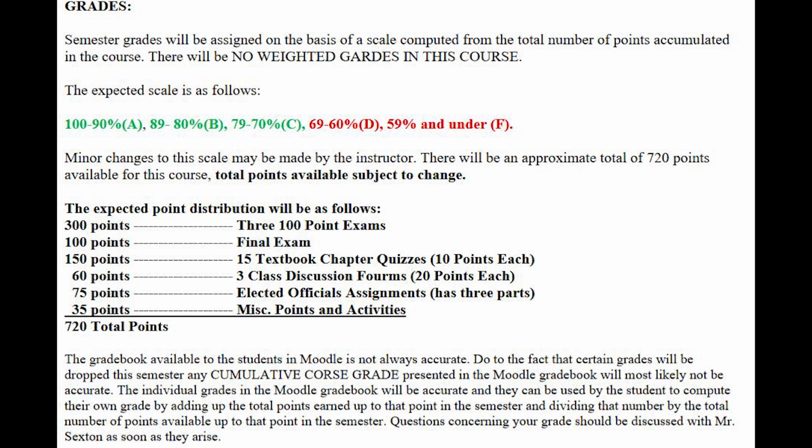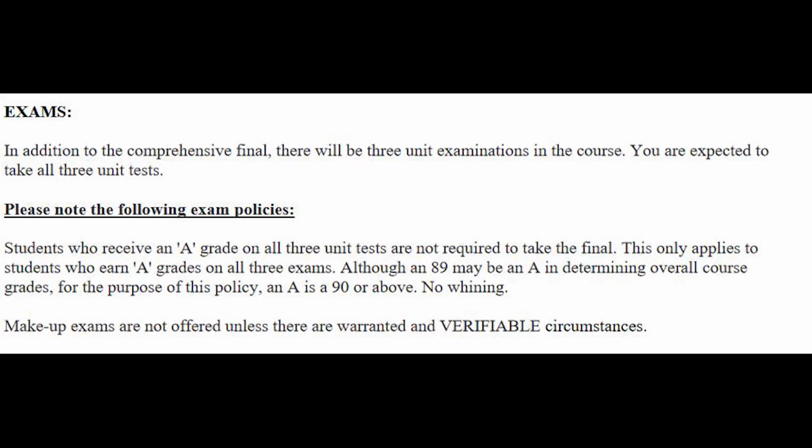The types of activities we'll have this semester include chapter quizzes, exams, some class discussion forums, and some activities that I call elected officials assignments. Adding all of those points up comes to a total of 720 points.